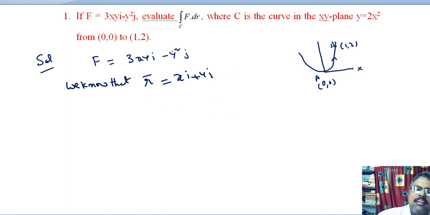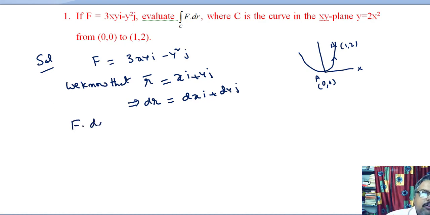If there is any k component, then take zk also. dr equals dx i plus dy j, just differentiate. Now what about f dot dr? Taking the dot product with f, we get 3xy dx minus y square dy. Okay, fine.